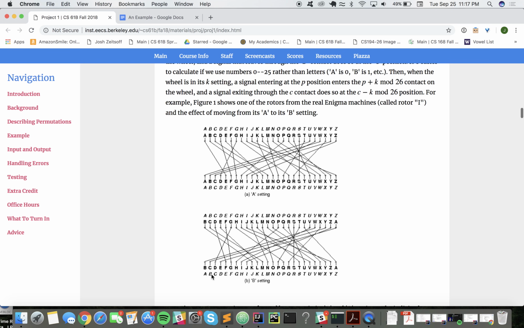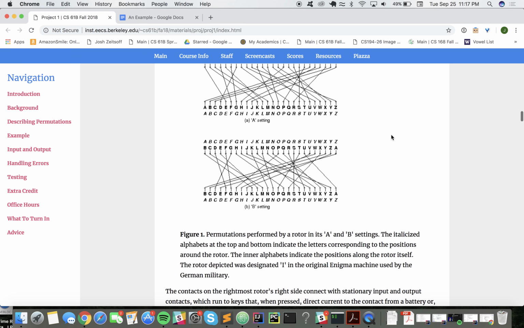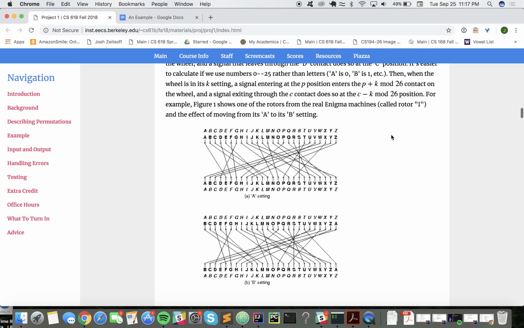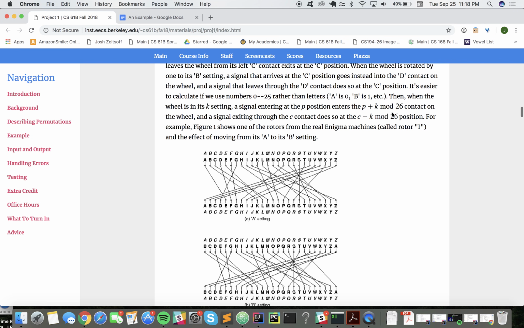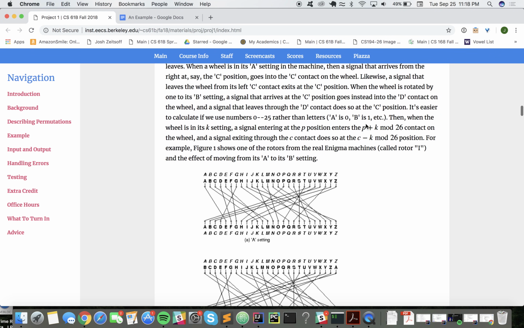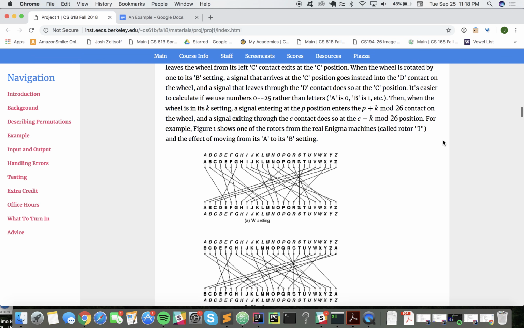So C minus 1 mod 26 gets us B. If any of this is unclear, be sure to ask in the comments. Essentially, when we have these rotors at different settings, it affects the permutation. When we're coming in, we add the setting to the position, and going out, we subtract the setting from the contact.